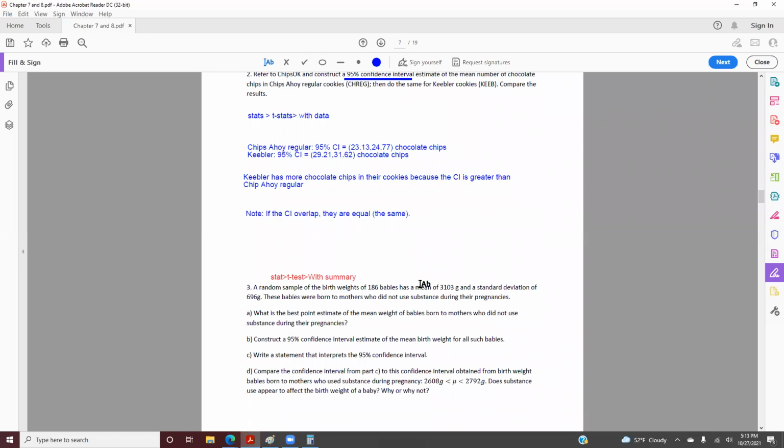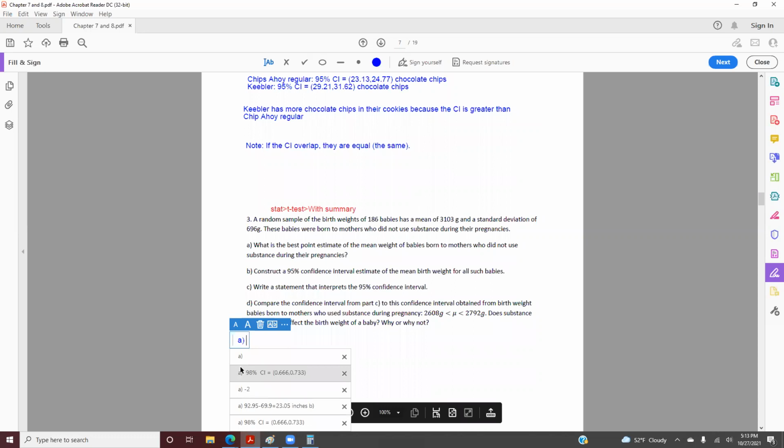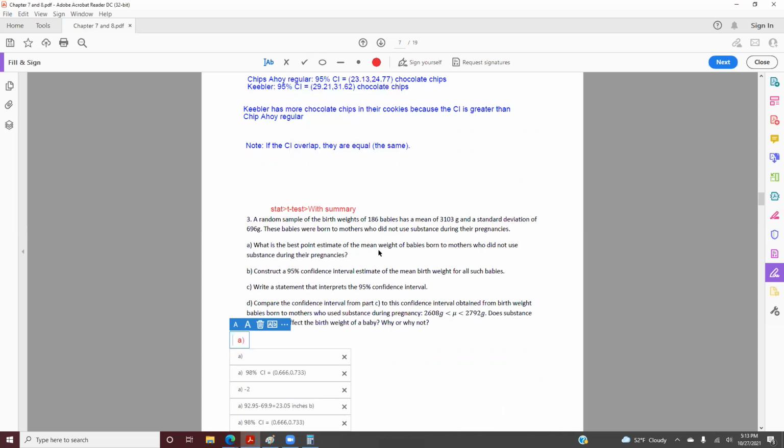So they provide you what we call summary statistics, the mean, the median, the standard deviation, all those things. But before we go on, we need to answer part A first. Question A is asking, what is the best point estimate for the mean height of babies born to mothers who did not use substances during the pregnancy? Does anyone know what the best point estimate is here?